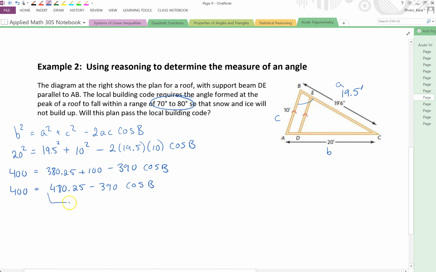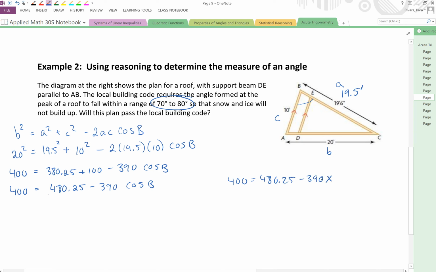Now it's really tempting to put these together, but remember you can't because the 390 is locked in with this cosine of angle B. Okay, you can't combine those unless the 390 is by itself, which it's not. So at this point, you're doing algebra. If you want to imagine this, this is kind of like 400 is equal to 480.25 minus 390x.